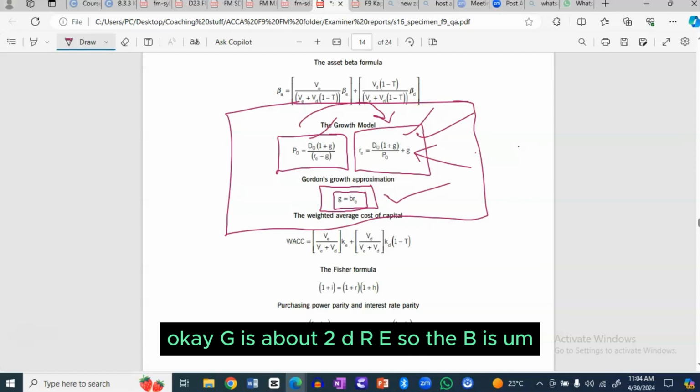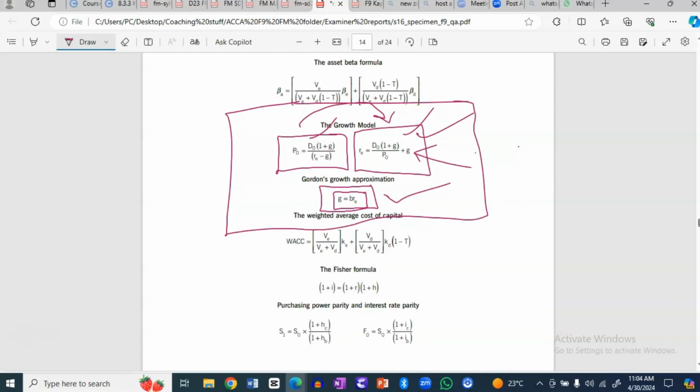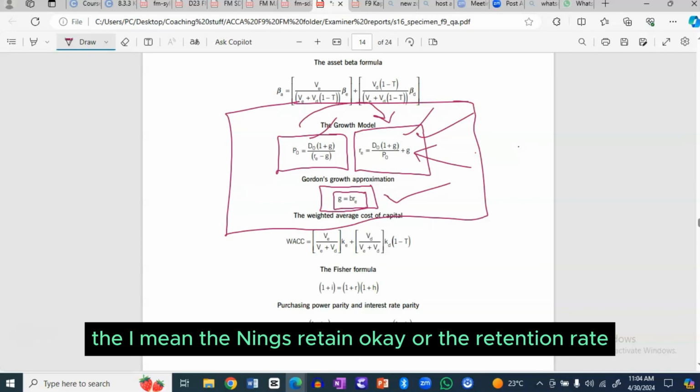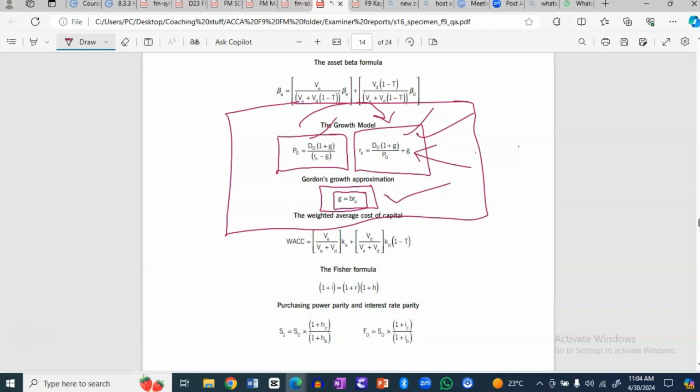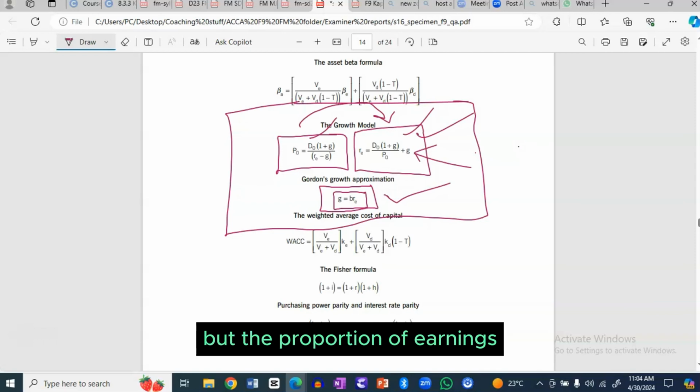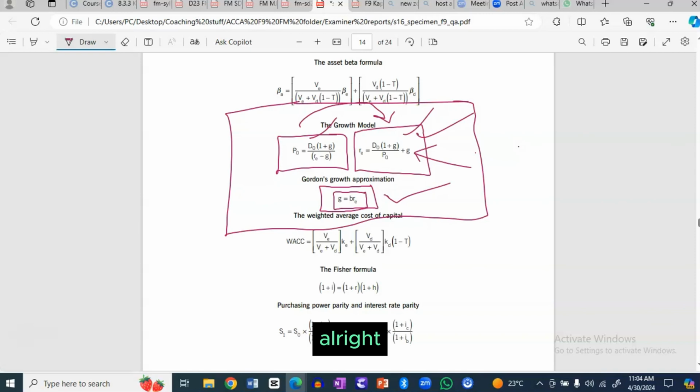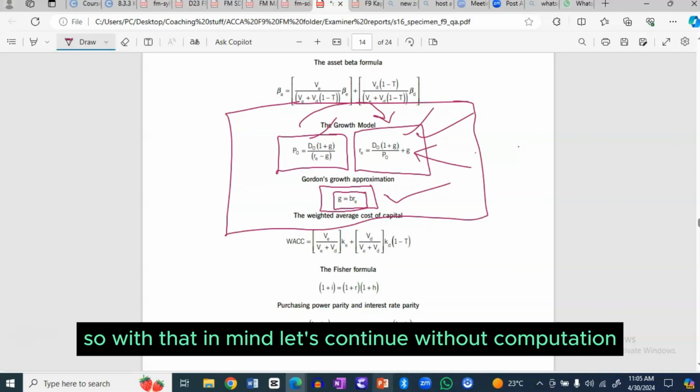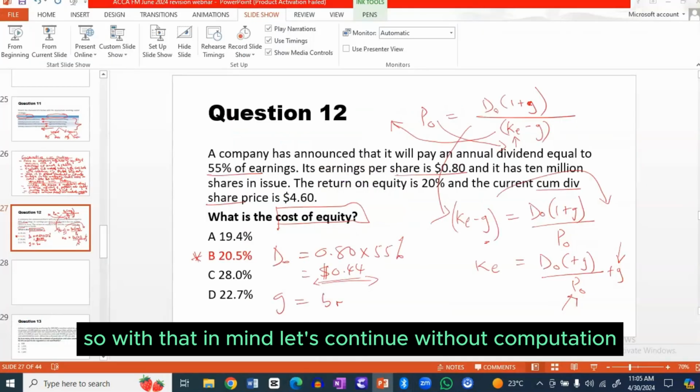The b is the earnings retained, or the retention rate, the proportion of earnings which were not distributed. And the Re is the return on equity. All right, so with that in mind, let's continue with our computation.